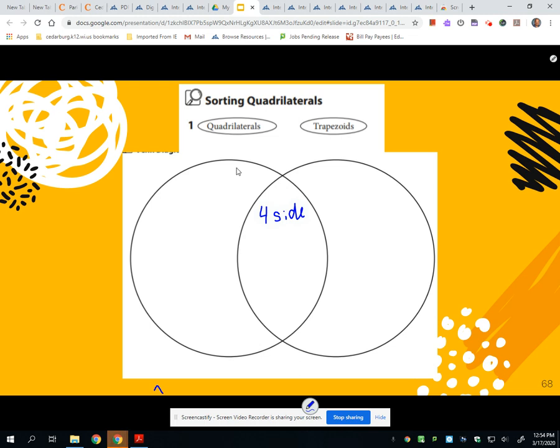They are classified as polygons. What makes a trapezoid a trapezoid? A trapezoid has one set of parallel sides.